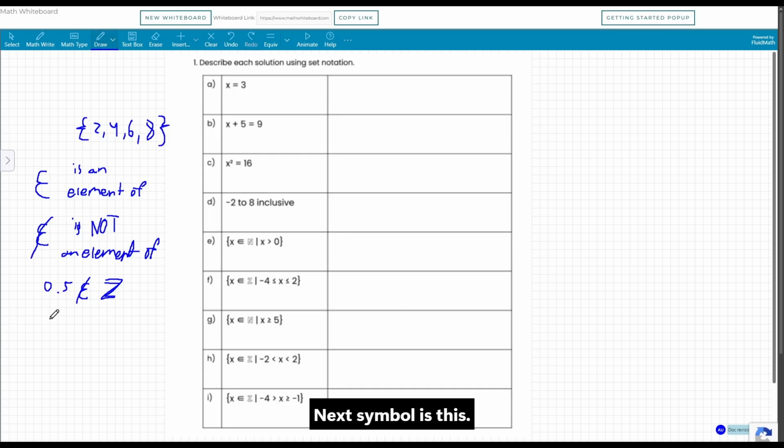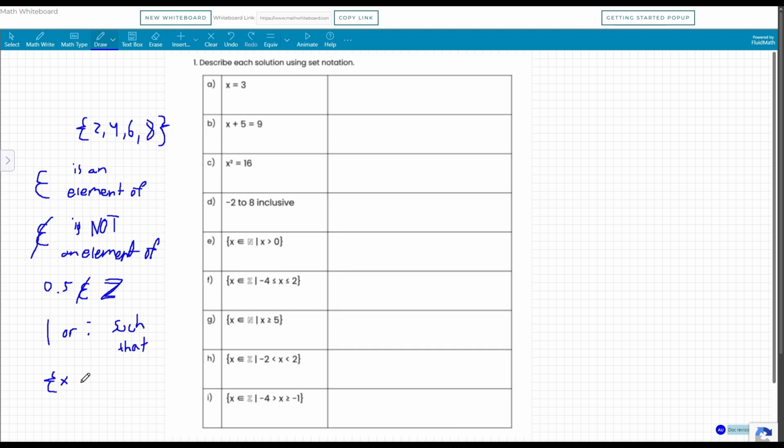Next symbol is this, just a line, or these colons. This means such that. What does this mean? Let's use this as an example.